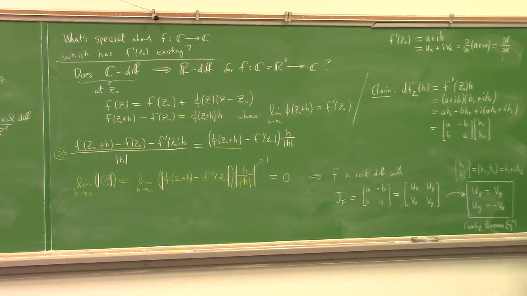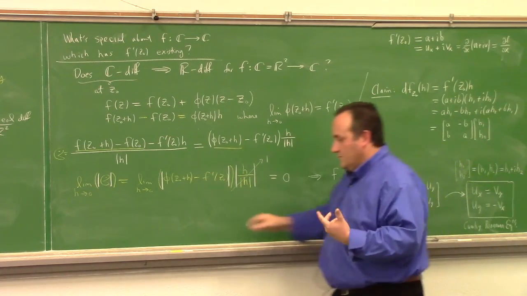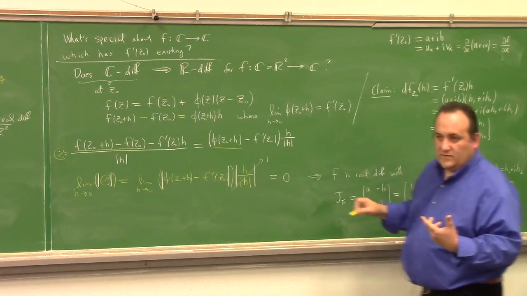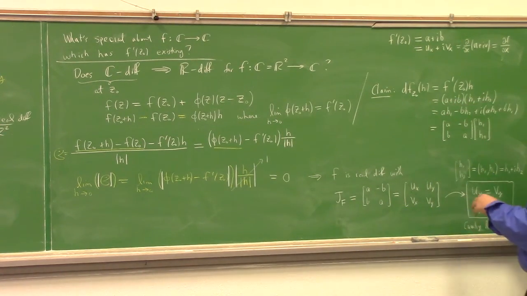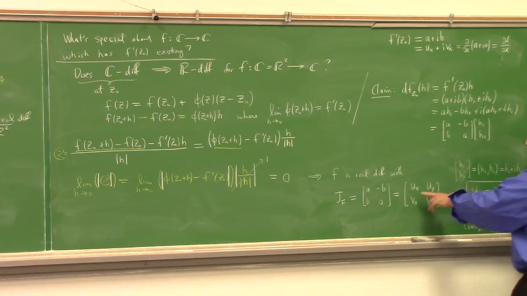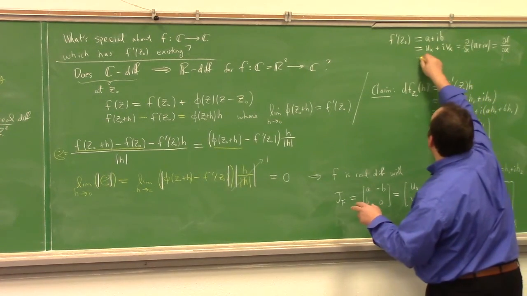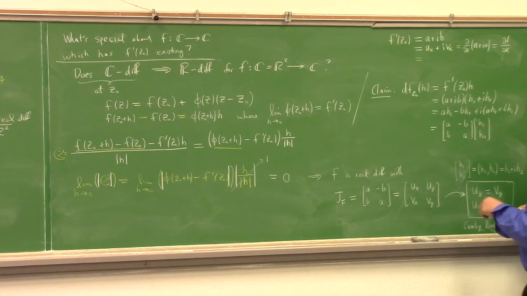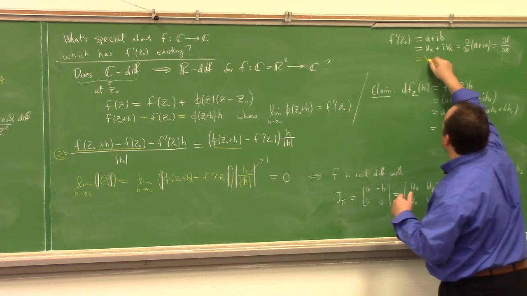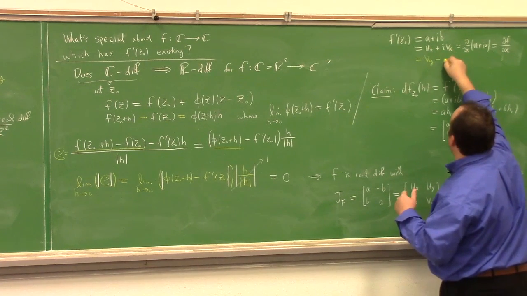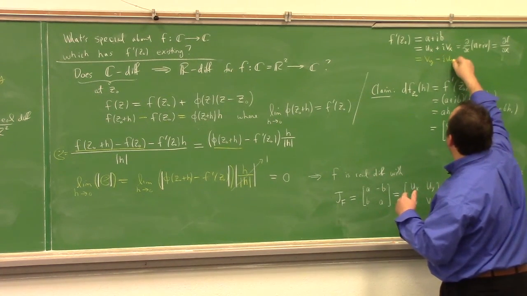Another way you could look at it, though. You're like, well, you just used x. You could use y, right? Because notice, minus b is uy, right? Let's see here. What is a in terms of... ux is equal to vy, right? So we could have written vy here, right? Minus i uy.